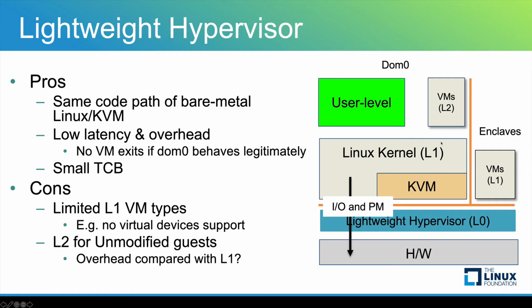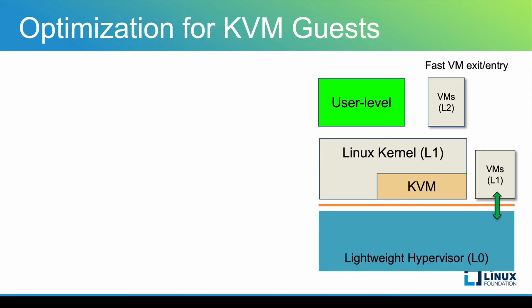In that case, the VMs will be run as L2, as a KVM guest, which is L1 nested. So there may be some performance concern with that. There are some optimizations when running a KVM guest on top of the lightweight hypervisor.